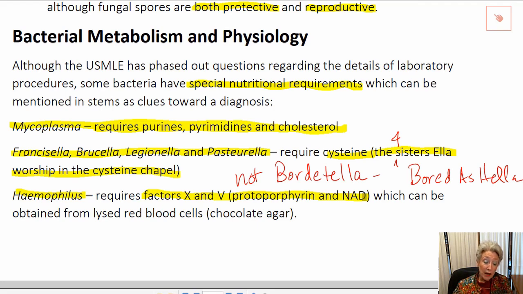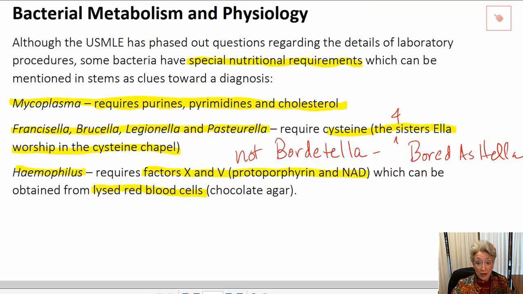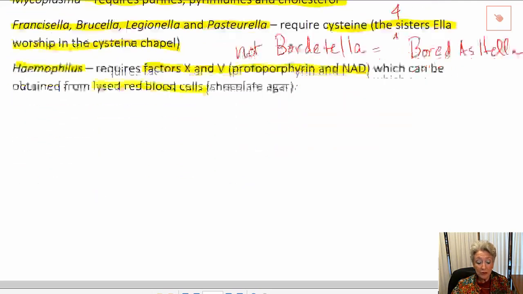And so I have to grow Hemophilus on a culture of lysed red blood cells, which we refer to as chocolate agar. Chocolate agar is not chocolate, contrary to what you might be thinking if you're having a snack attack right at the moment. Chocolate agar is just called that because of its sort of light brown color, but it's actually lysed red blood cells.